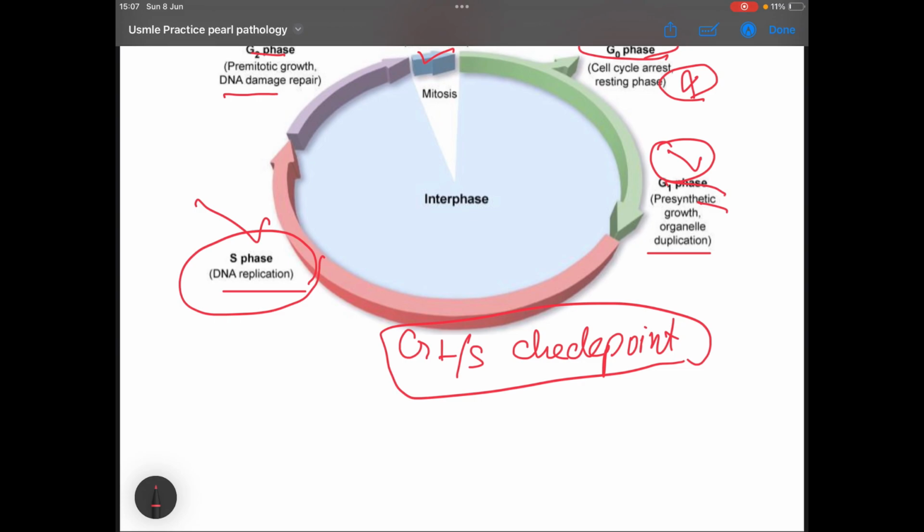It is a checkpoint for DNA integrity: cells with damaged DNA are not allowed to enter the S phase, to limit the propagation of mutations. So the regulator gene for the G1/S checkpoint is the retinoblastoma protein, Rb protein, and these proteins are responsible for the regulation of the cell in the G1/S phase.